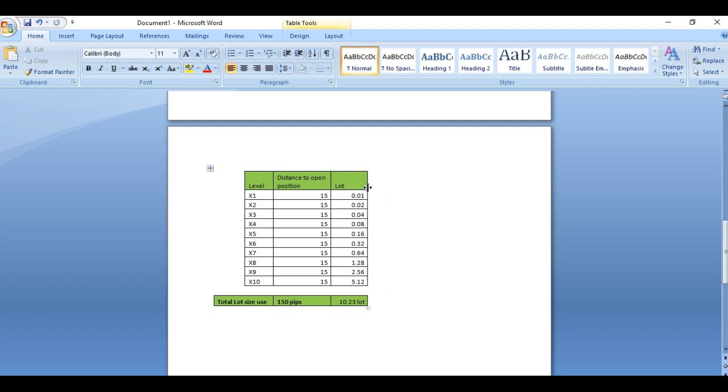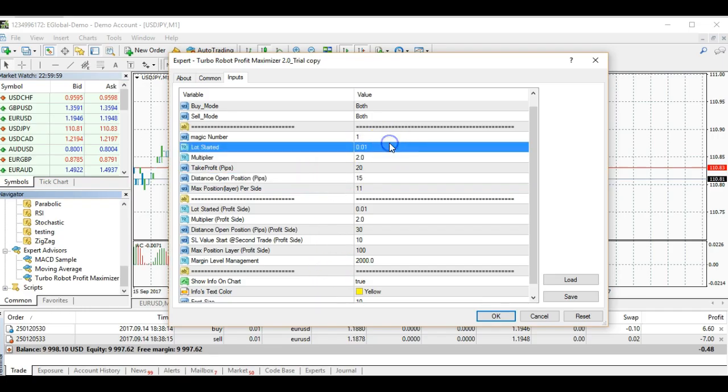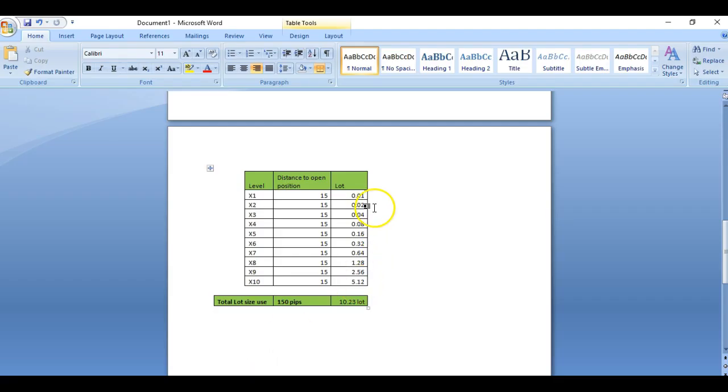Your lot size: what is your starting lot size, and how much is the next lot size after that when you reach the level that you are setting? Where does this lot size come from? It will be here. This is your 0.01 and this is your 0.01.